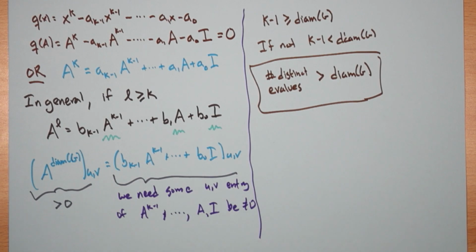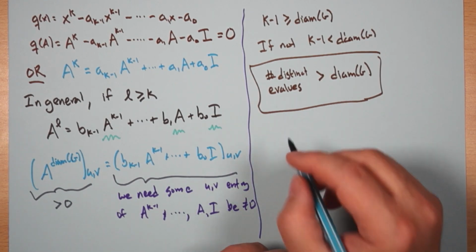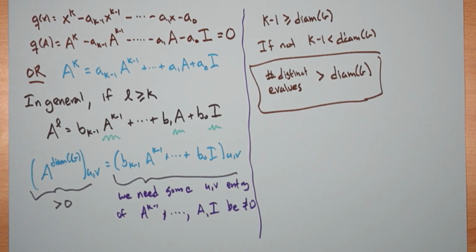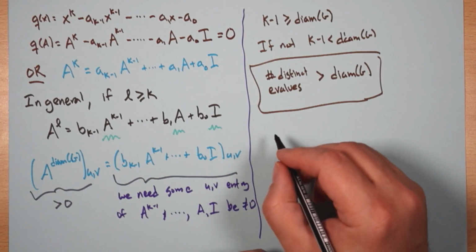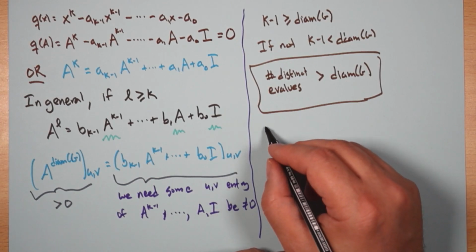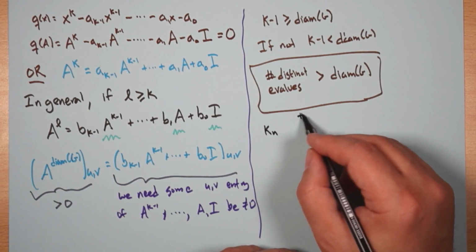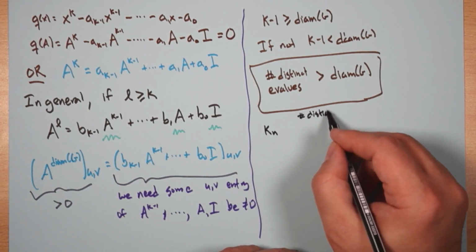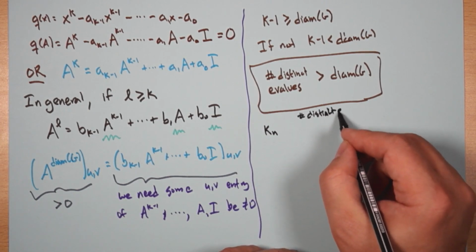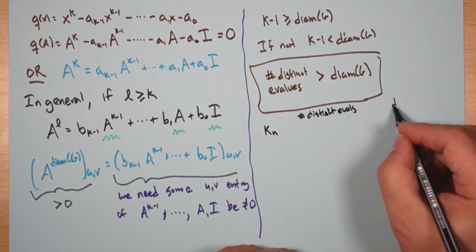Okay, so let's just sort of test this to see what's happening. So let's pick a graph, and of course we'll pick a graph that we've seen and we know the eigenvalues for. And all right, we'll do Kn. And what do we have? Well, what are the number of distinct eigenvalues? And what's the diameter?